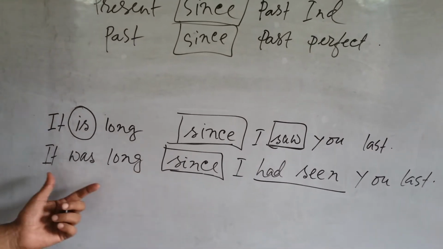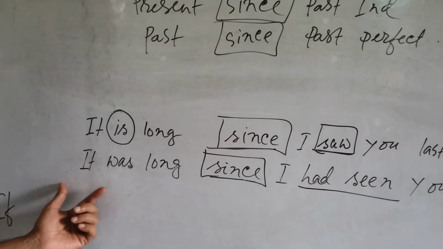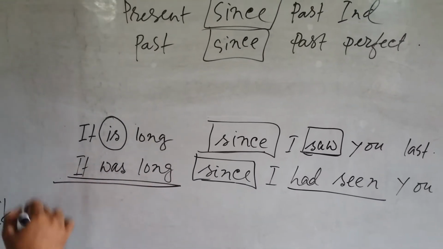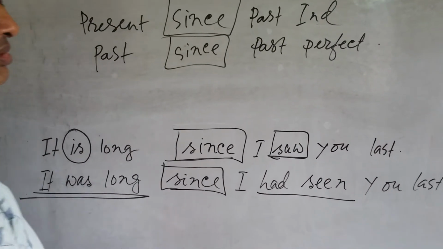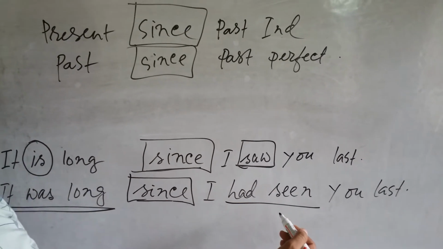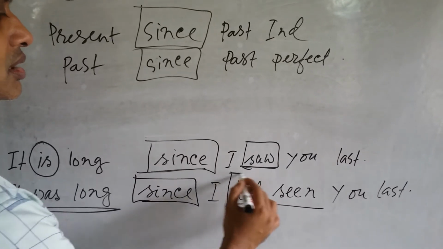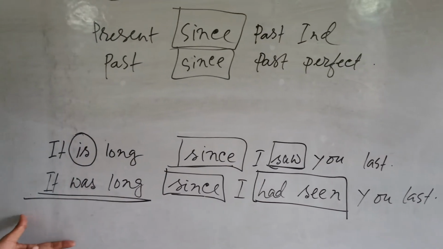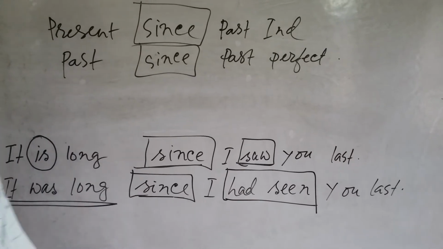But if the sentence is in past, when it was long, it is a past indefinite tense, then the rest clause of the sentence will be in past perfect tense. That's why it is had seen. So the sentence is, it was long since I had seen you last.